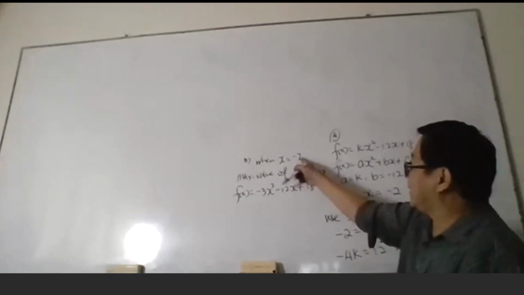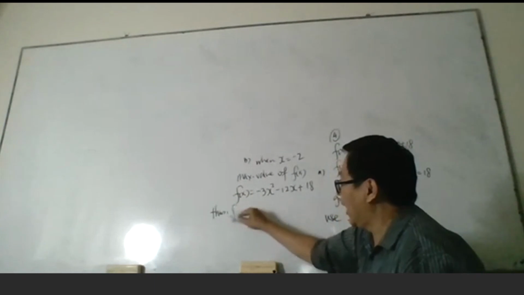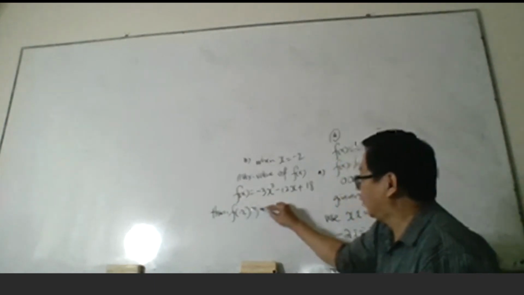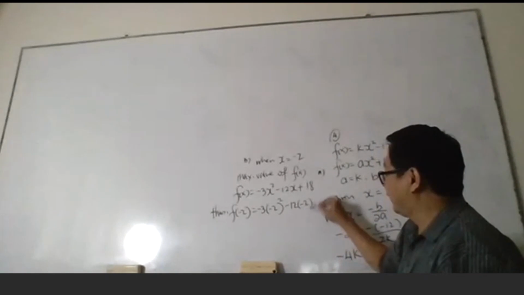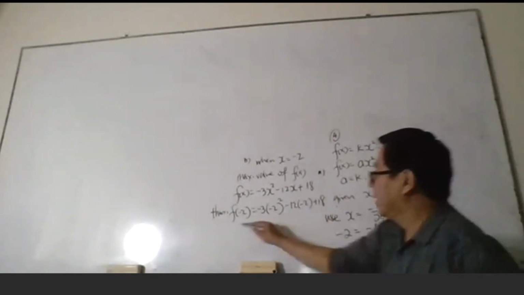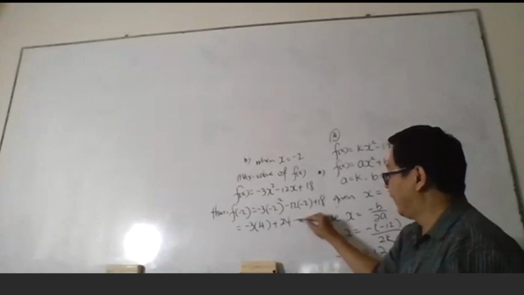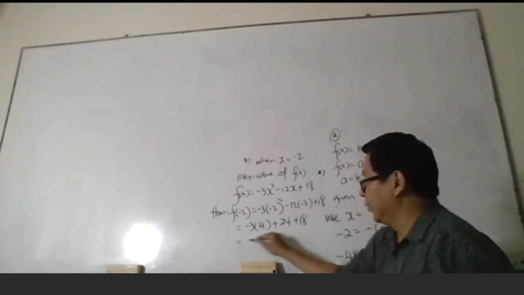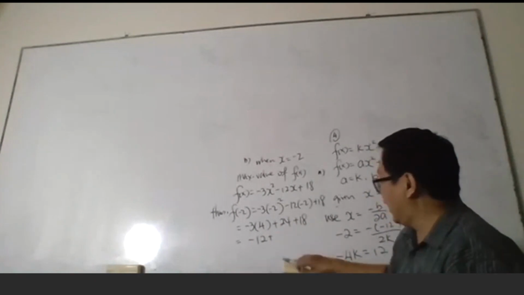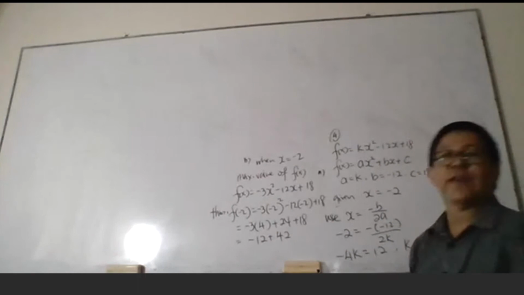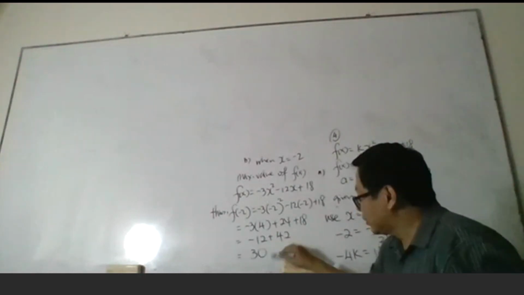As we know that x is -2, thus f(-2): chuck in, so -3 times 4 is -12, plus 24, plus 18, so you get 30.